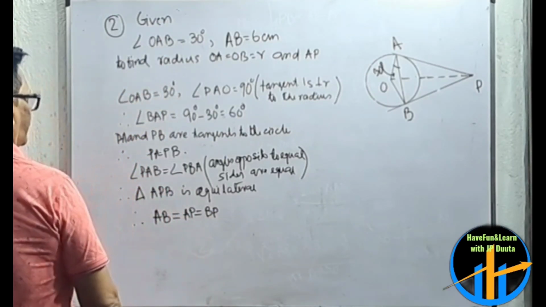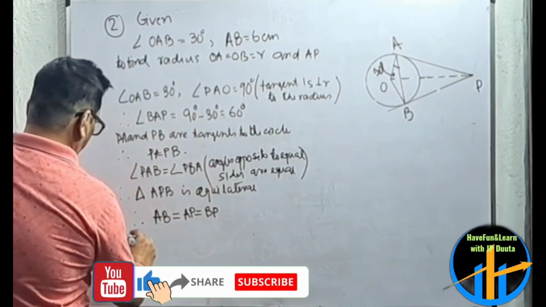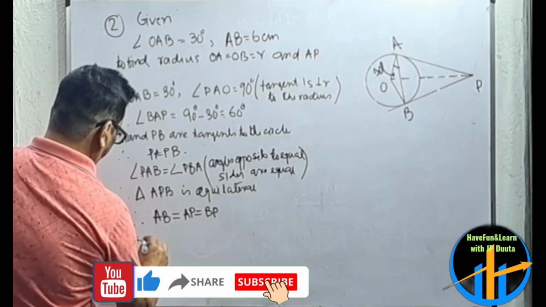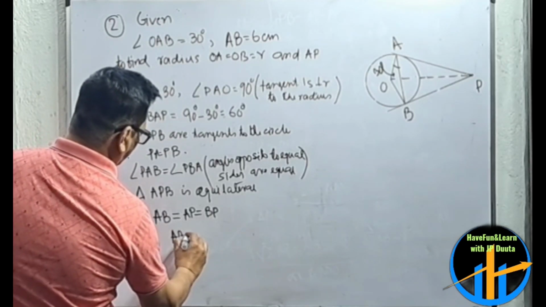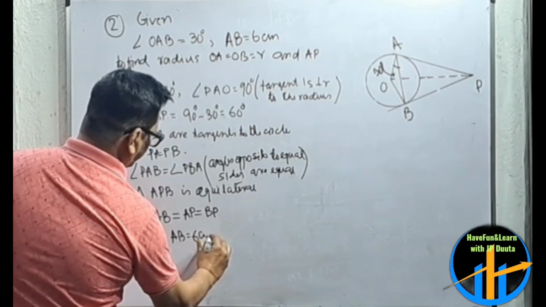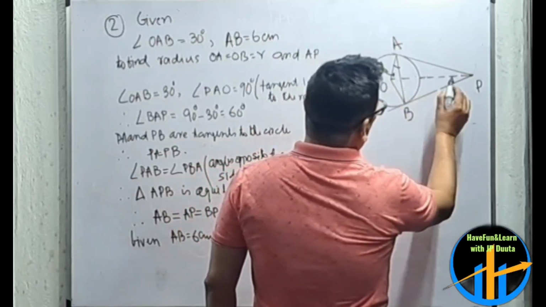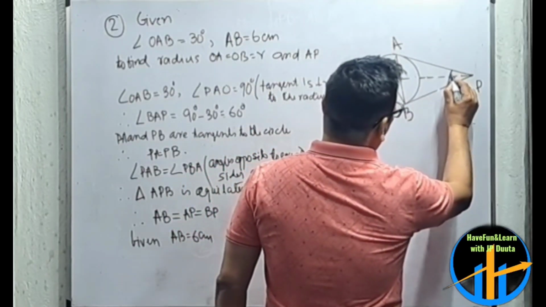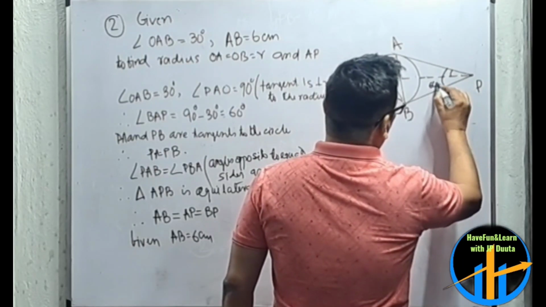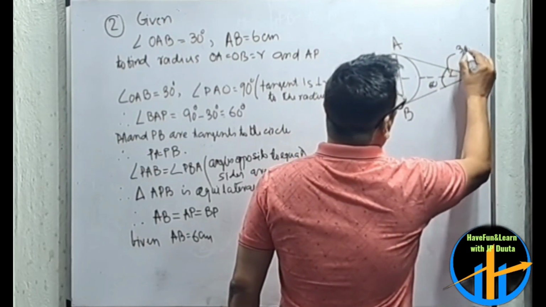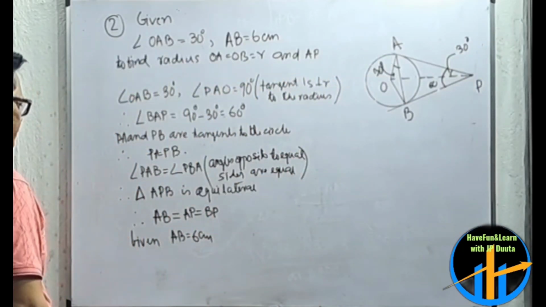Correct? Now we are given AB is equal to 6 centimeters. Now see, if we draw a line, this will bisect the angle. This total angle is 60 degrees and this will be 30 degrees. Do I need to prove it? Hope not. Right?